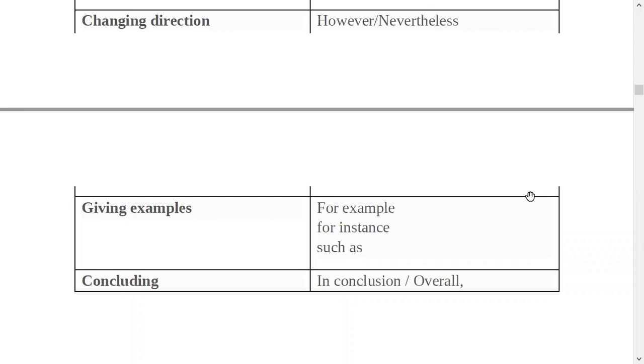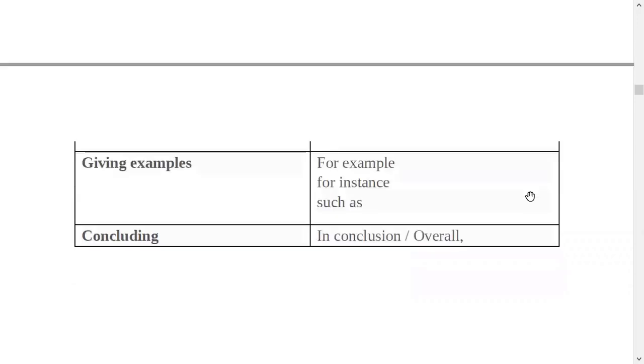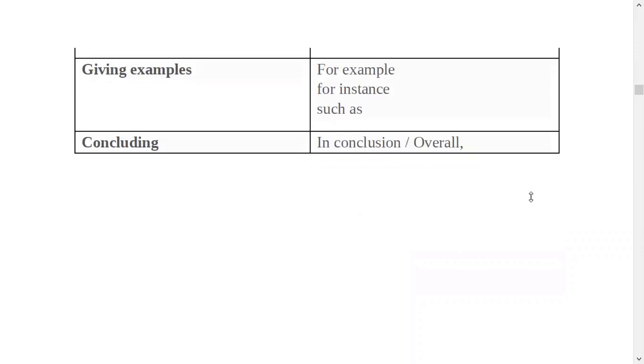We will look at an essay example, and then we will see how we can use all of these. Now giving examples, you can use for example, for instance, such as.